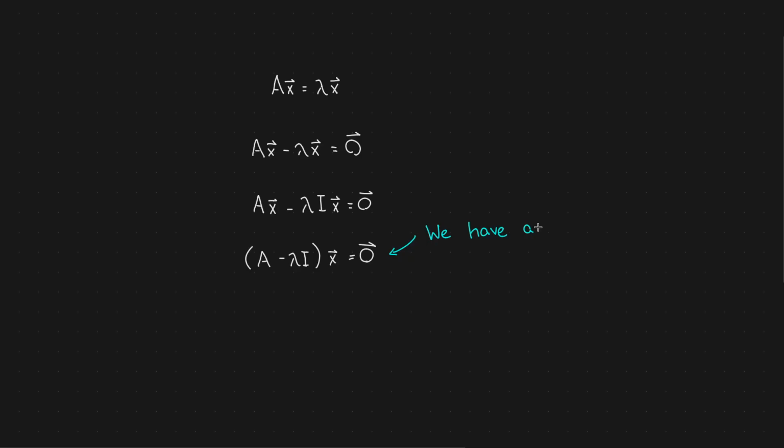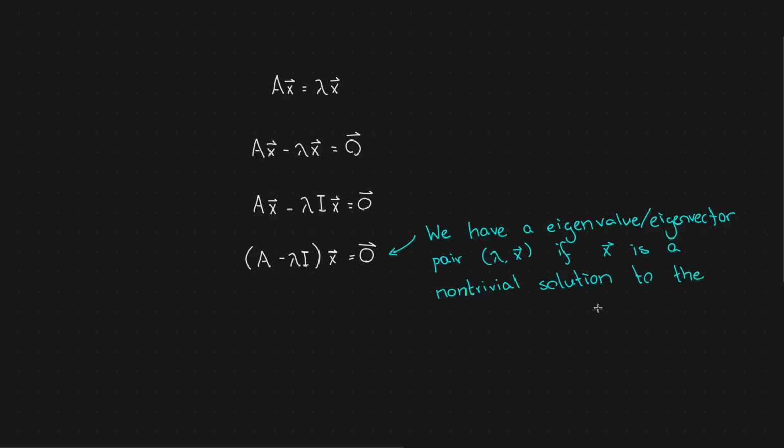We have an eigenvalue eigenvector pair lambda, x, if x is a non-trivial solution to the homogeneous equation A minus lambda I x equals 0.